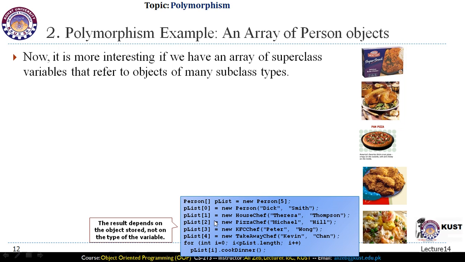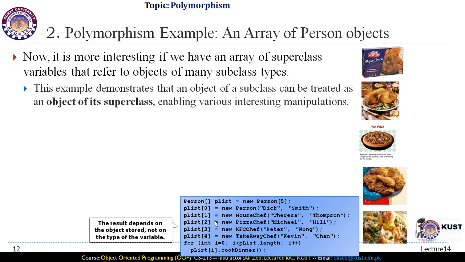And the reason for that is that every object of the subclass is an object of the superclass. If we have an array of variables that refer to objects of many subclass types, in this way we can initialize multiple subclass objects and store them in an array of the superclass.